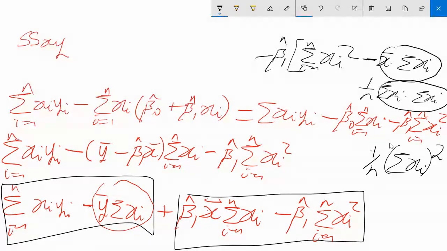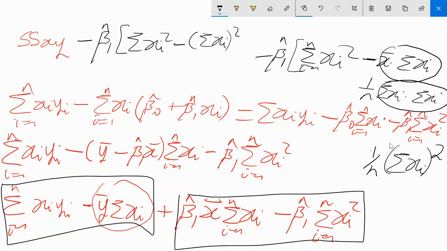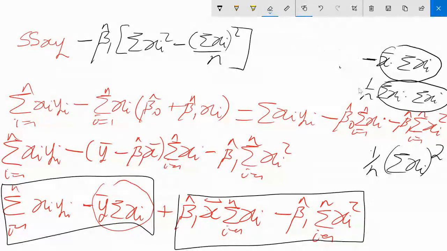So I'm going to do that here. So I have negative beta 1 hat into summation of xi squared minus summation of xi all squared over n. And if you pay attention, what is that expression inside the brackets?